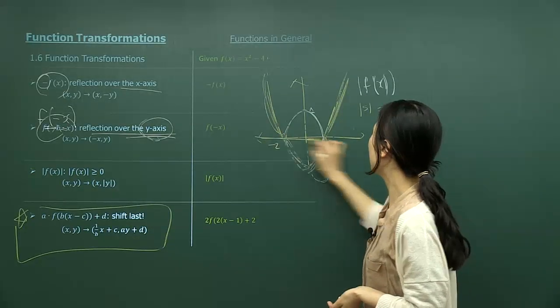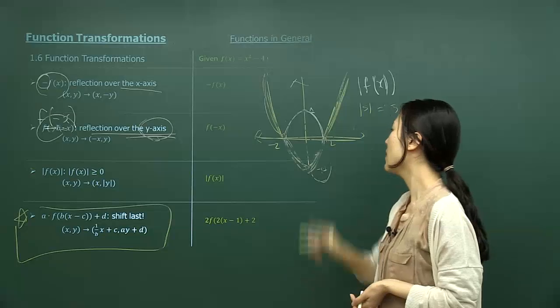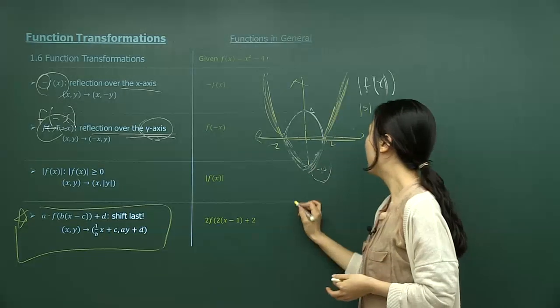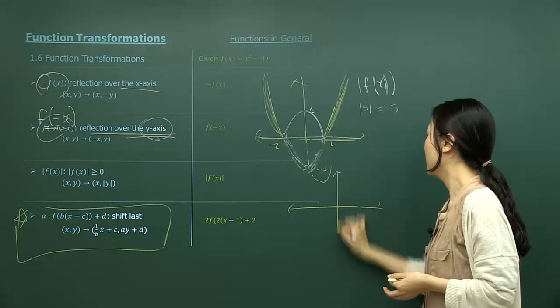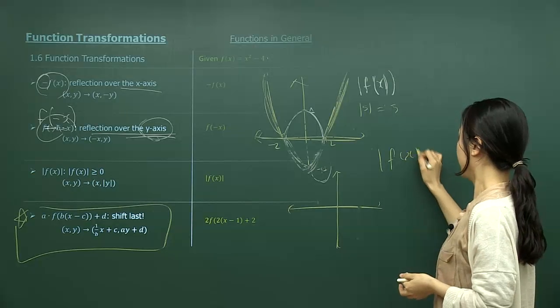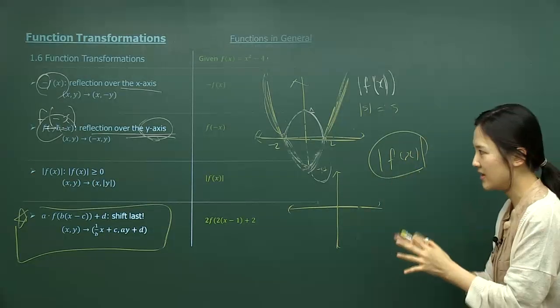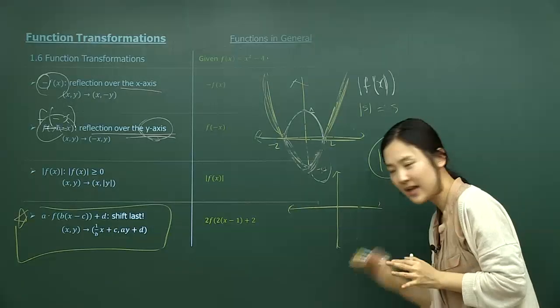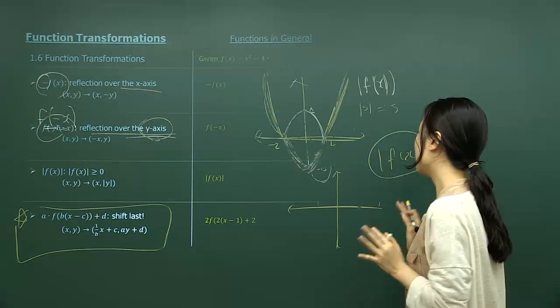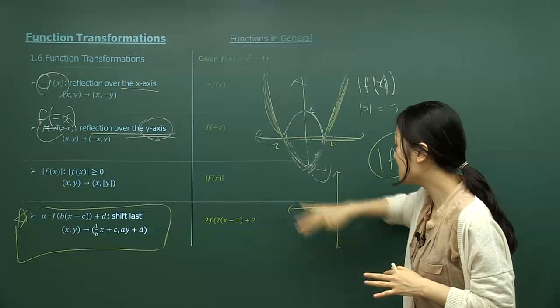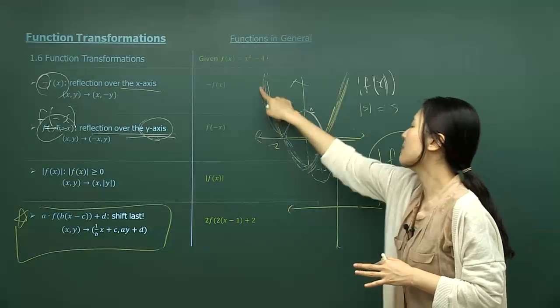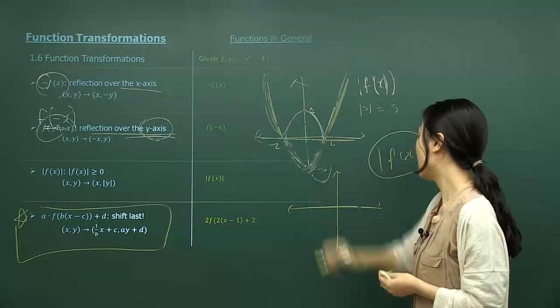The only part that changes is the negative part. So just remember this. For absolute value of a function, the graph reflects, but not the entire graph reflects. Only the part that is below the x-axis reflects. The remaining part stays where it is.